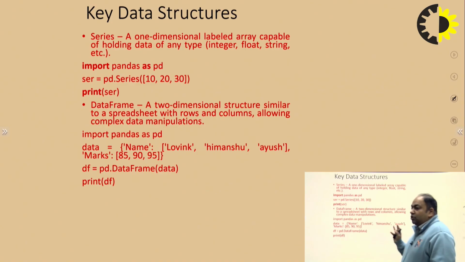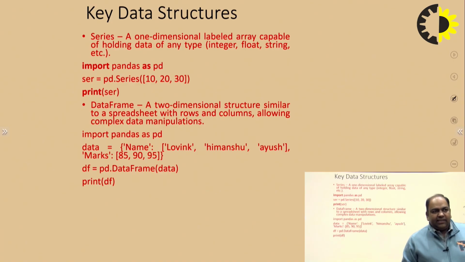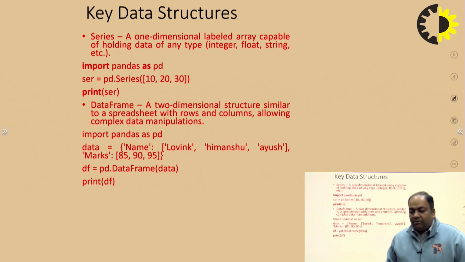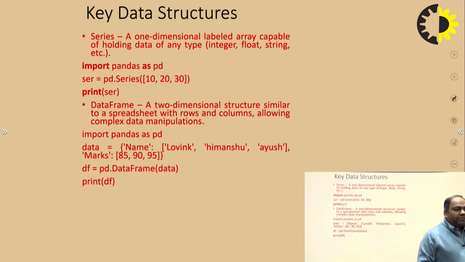It consists of two data structures basically. One is series, which is a one-dimensional labeled array capable of holding data of any type, and next is data frame. It is a two-dimensional structure similar to a spreadsheet with rows and columns, allowing complex data manipulation. So basically the work which we do through Excel can also be done using pandas. The analysis of that work is done using pandas with a data frame.